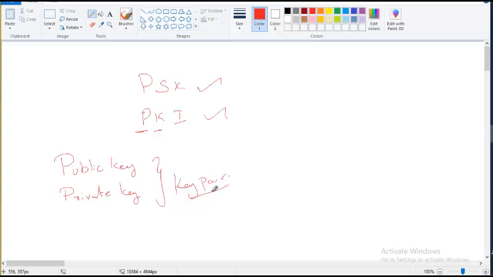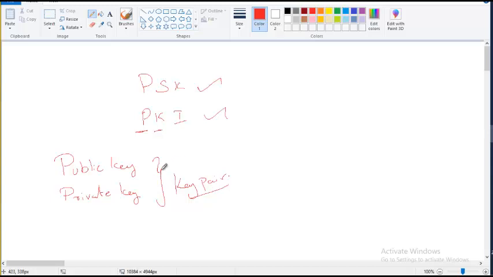We have a pair of keys so that we can guarantee that no one will be able to open the packet except the genuine peer members. How is that possible?